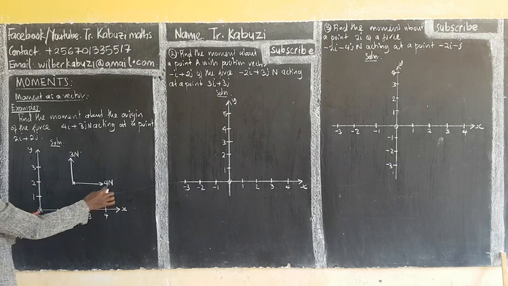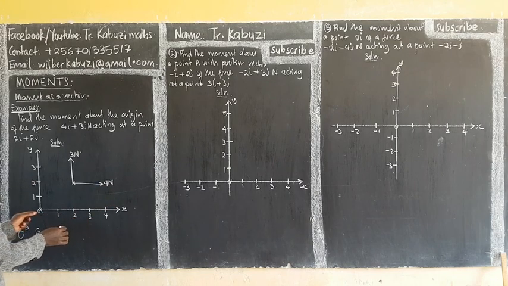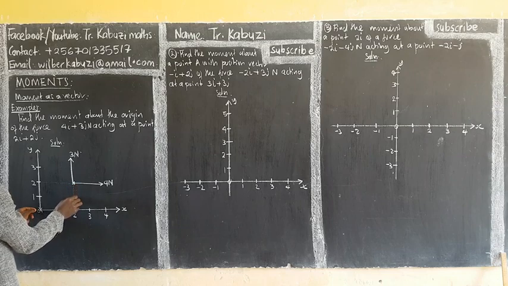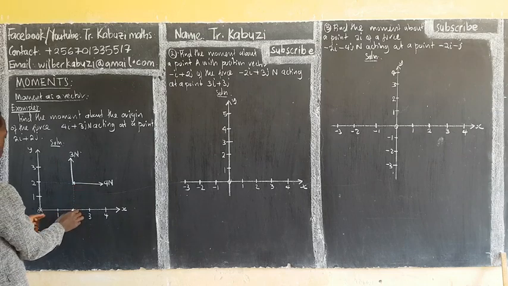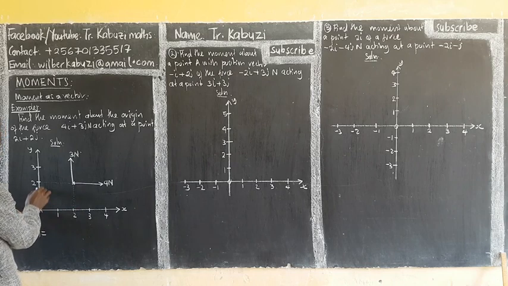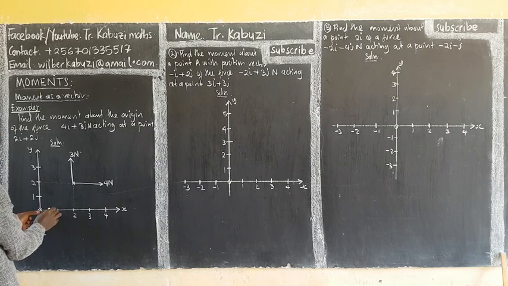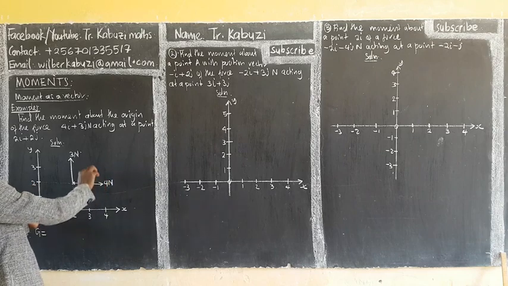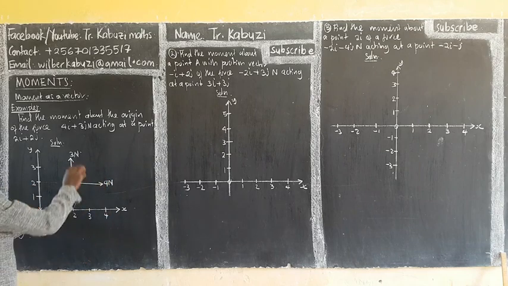Now, if I consider this force first, the perpendicular distance from this point is going to be, you note this, you note that, and then you note this. The perpendicular distance for this force from the origin, from here up to here, is 2 units. Meaning, I'm going to say 4 is when I'm here. This force here is going to turn clockwise like this.